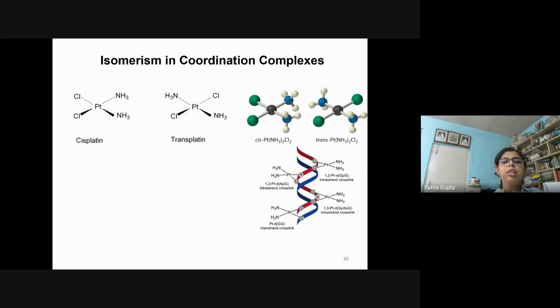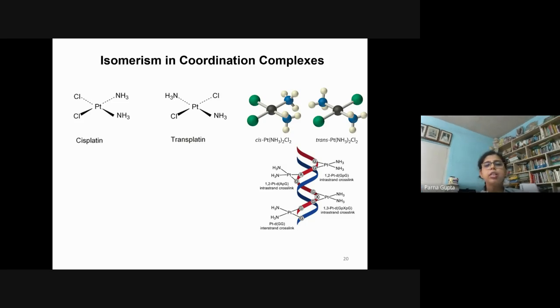So the first thing I shall say for coordination complexes, this is not an example for a particular set. In coordination complexes, isomerism is sometimes very important in terms of functionality.